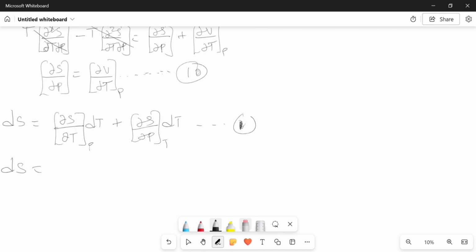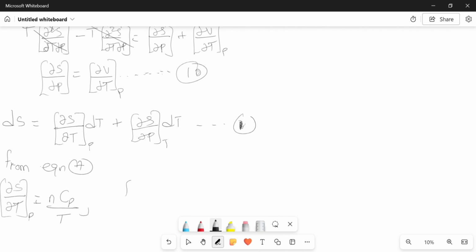So from equation 7, we say del S over del T at constant pressure is equal to ncp over t.